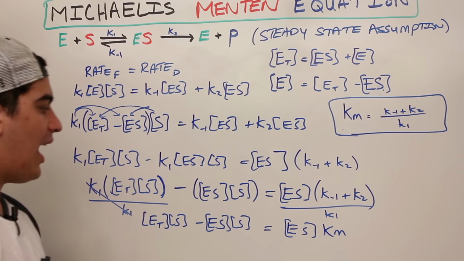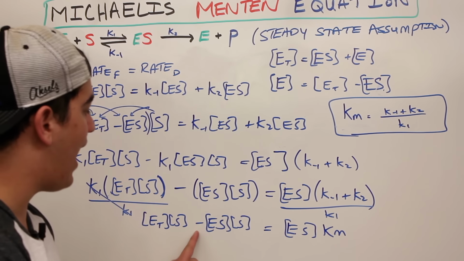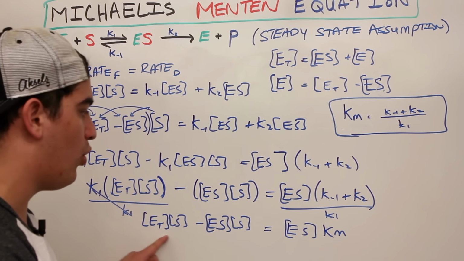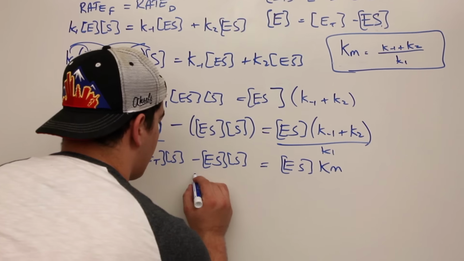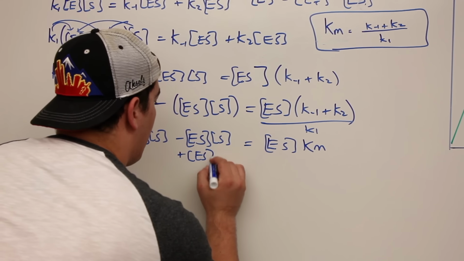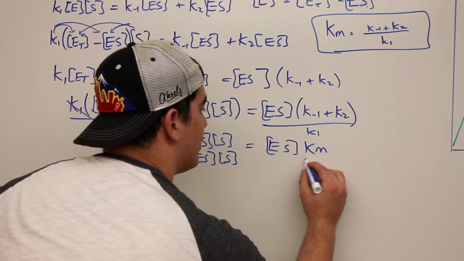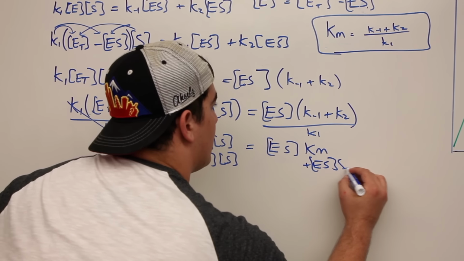Now, I want to add over my enzyme substrate times the substrate, because I want to get my enzyme total by itself, and I'll show you why in a second. So let me go ahead and do that. Let me add over my enzyme substrate times the substrate concentration onto both sides. So let's see what we get out of this.